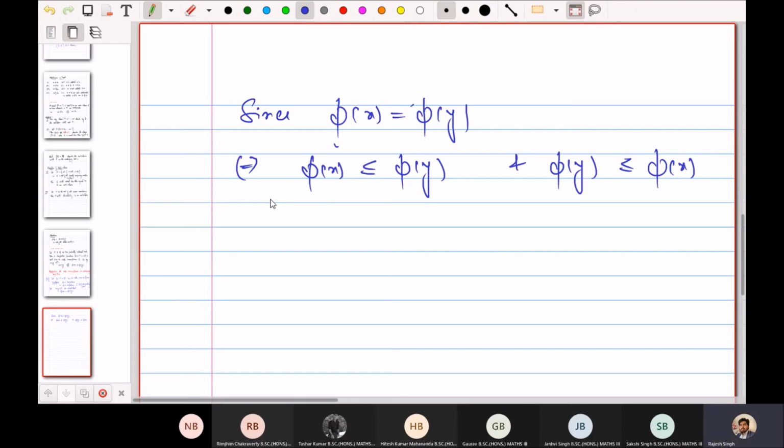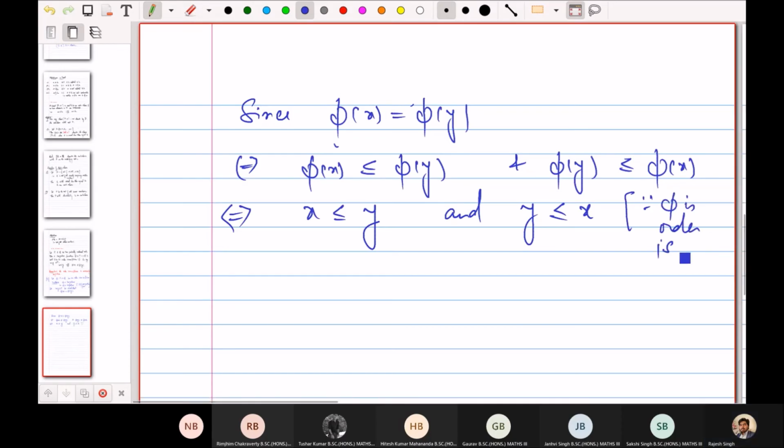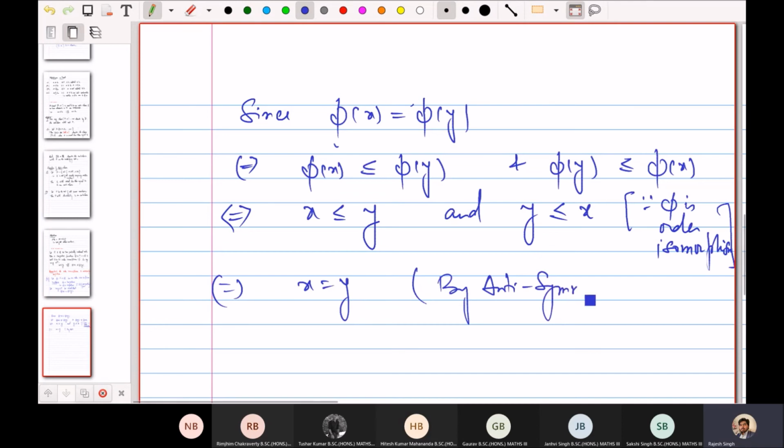And this implies x is related to y and y is related to x, since phi is order isomorphism. ठीक है, and this implies x is equal to y by antisymmetric property.